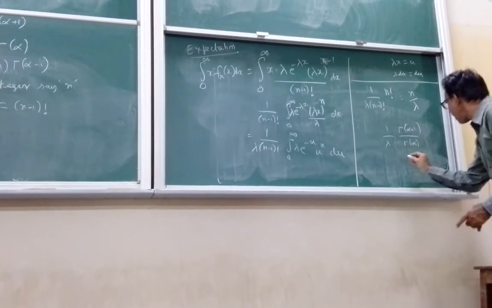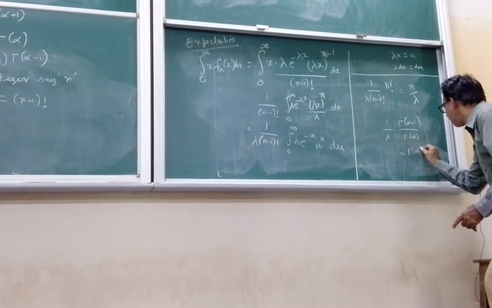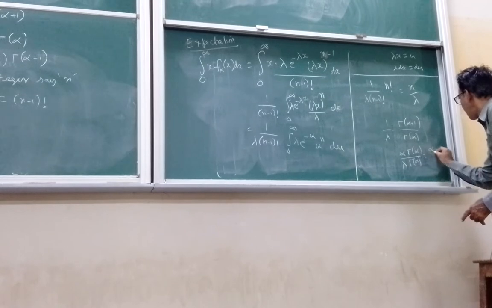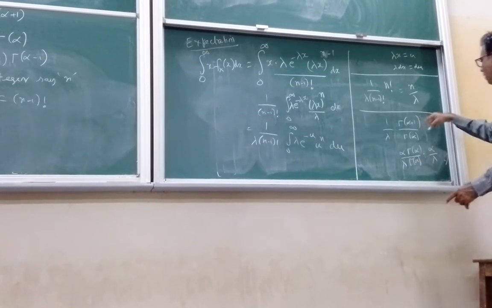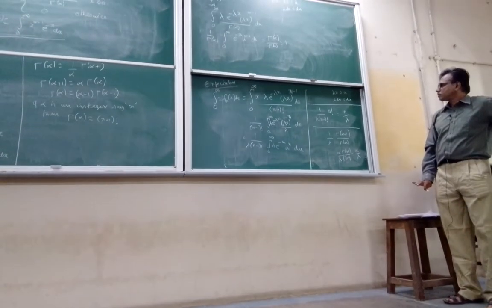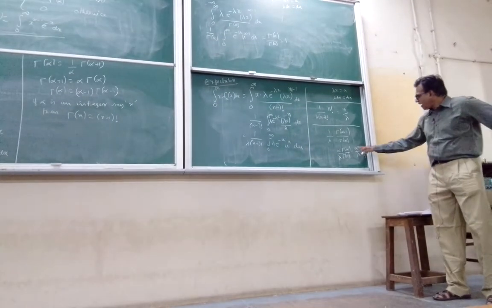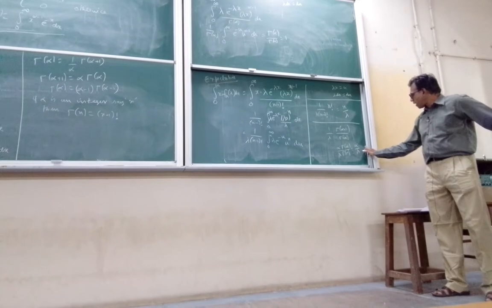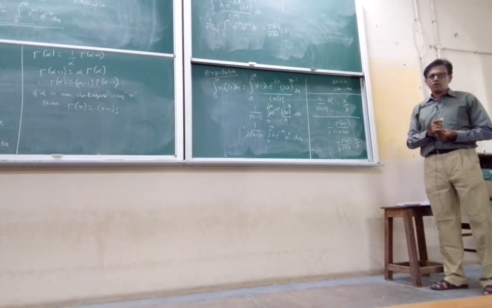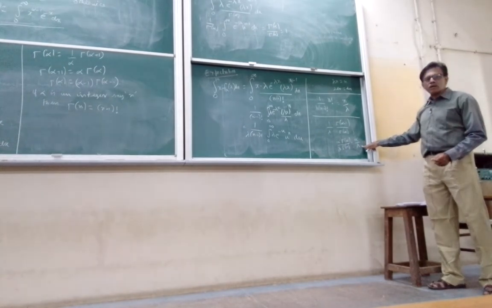And gamma of alpha plus 1 is alpha into gamma of alpha, so it is alpha by lambda. This is what I would have got if I had worked with the generalized value itself. So finally, the mean of a gamma random variable is alpha by lambda.